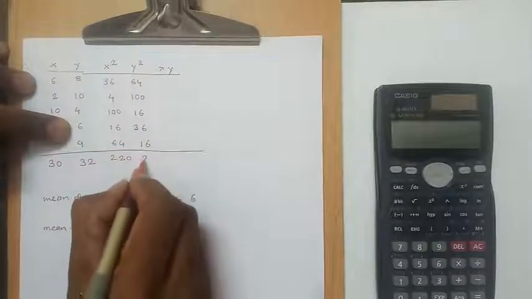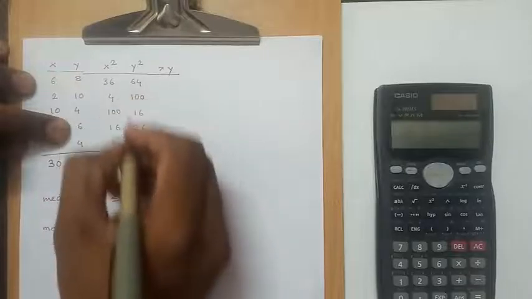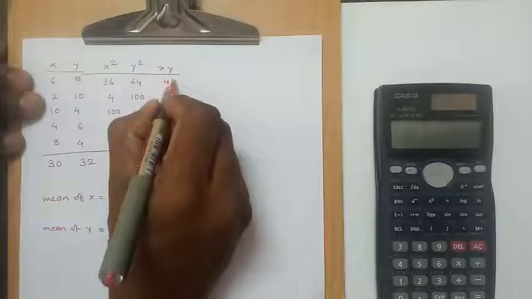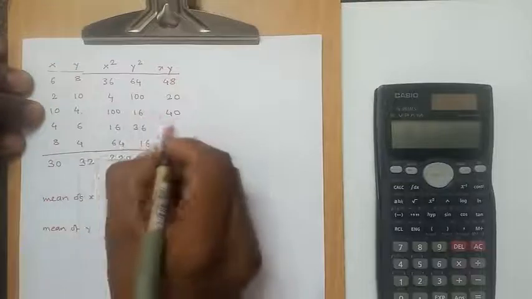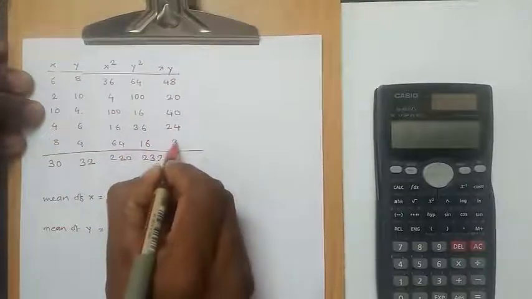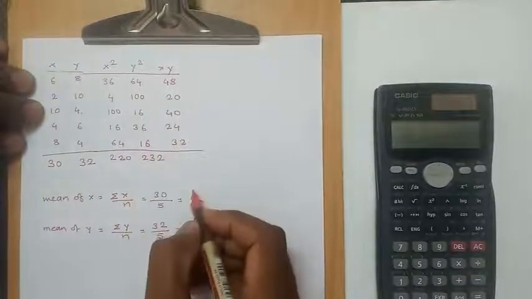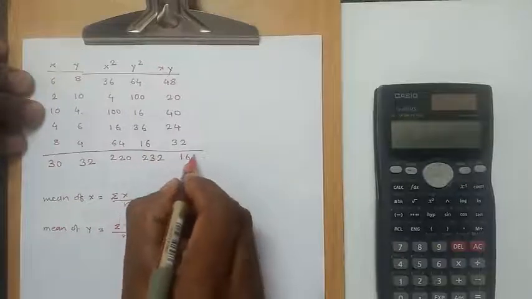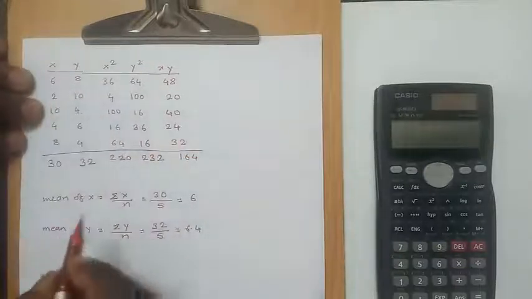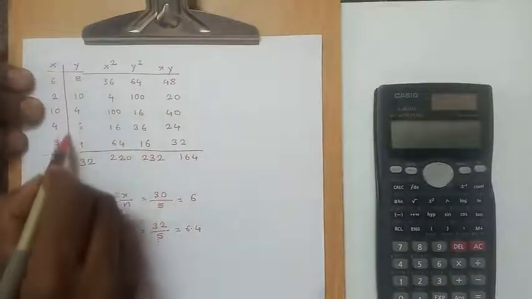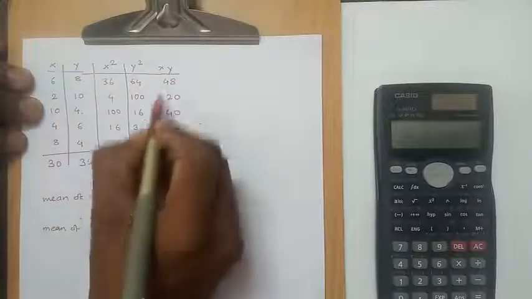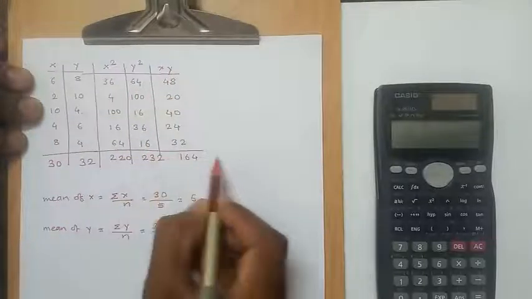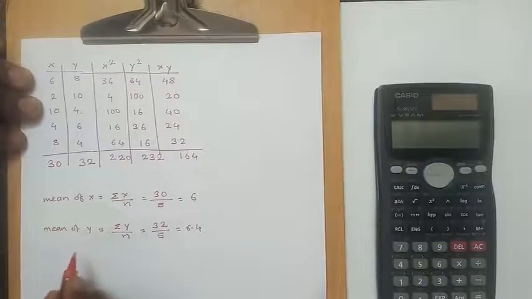So we get 232 as the total. X into y: 48, 20, 40, 24, 32. So we make the total, so we get 164. So we have sum of x values, sum of y values, sum of x square, sum of y square, and summation of x into y.